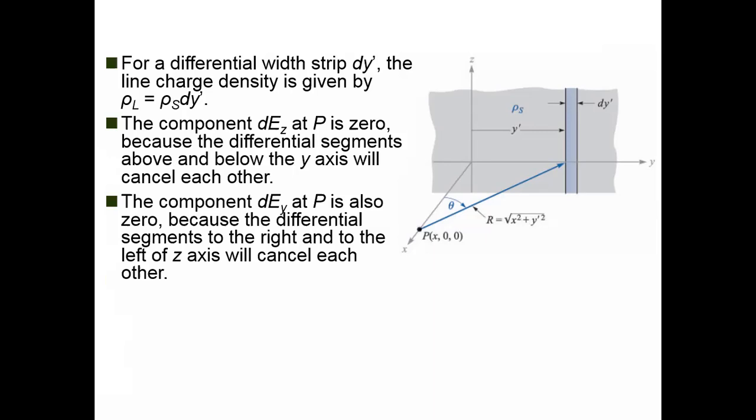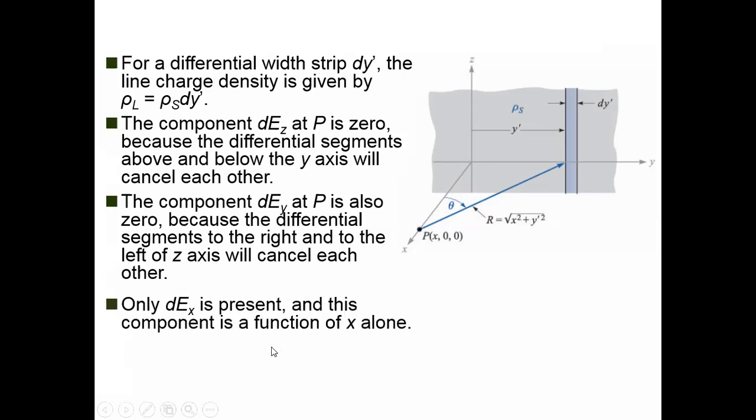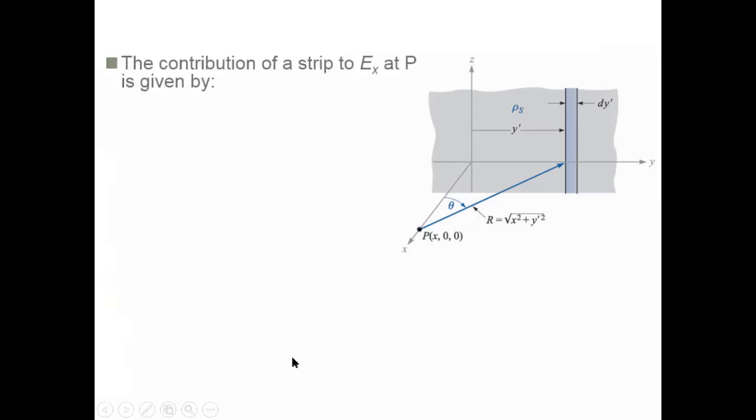Why? Because we take the surface area normal component. If you remember, in my last week's lecture I told that surface area is always taken normal to the surface. So now only dEx is present, and this dEx is evaluated.